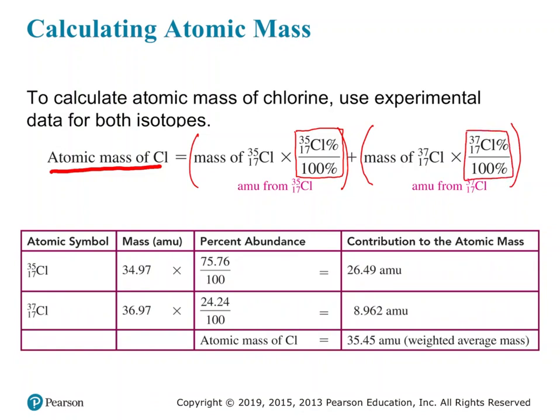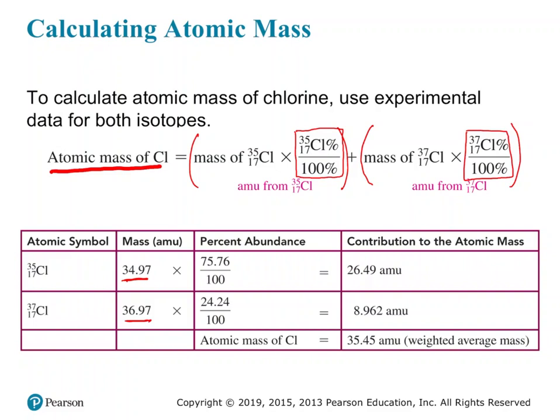So down below we have a little table kind of summarizing this calculation. So remember when we saw the summary table for magnesium isotopes, it listed the exact mass of the isotope. So we're going to use the exact mass here as well for each isotope. So the exact mass of chlorine 35 is actually a little bit less than 35. It's 34.97.